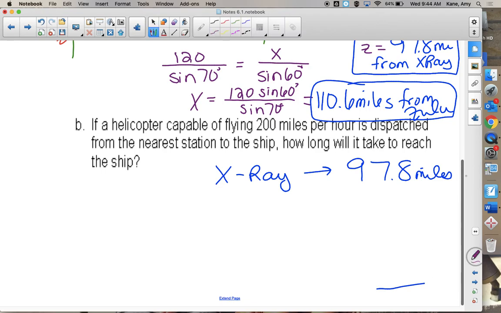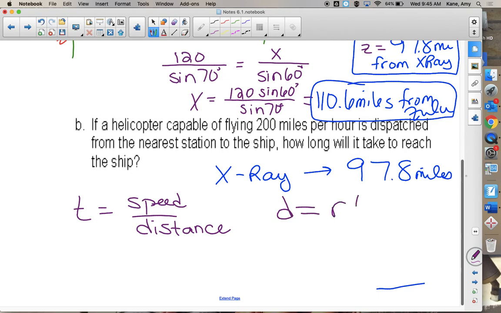Yeah? Speed over distance? So she's saying speed over distance. Does anybody remember what the little formula is if you have a distance, a speed, a time? Distance is equal to rate times time.